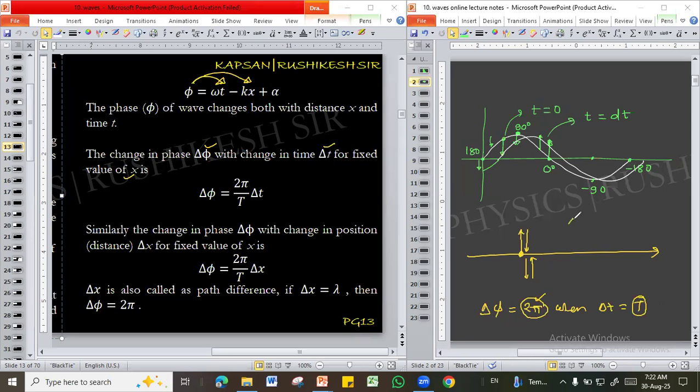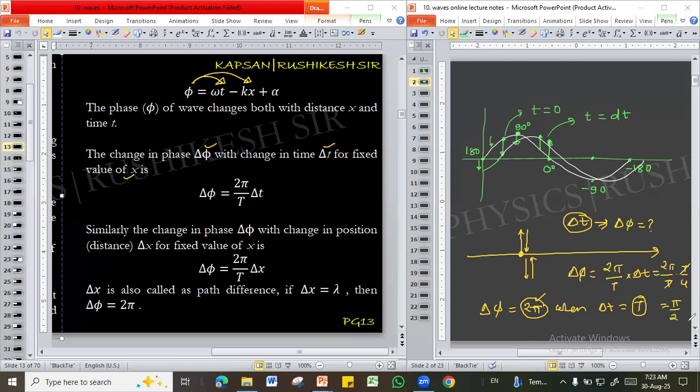Then what is the change in phase if the particle oscillates for time equal to delta T? Answer is very simple. Change in phase is equal to total change in phase upon total time into your time interval. Is this formula clear to all of you? If it oscillates for only T by 4 time, means for 1/4 oscillation, what will be its change in phase?